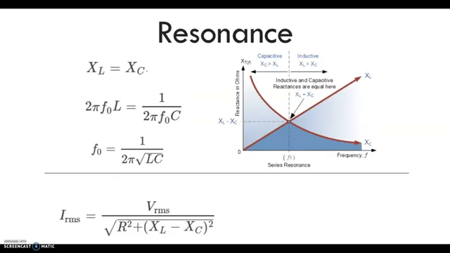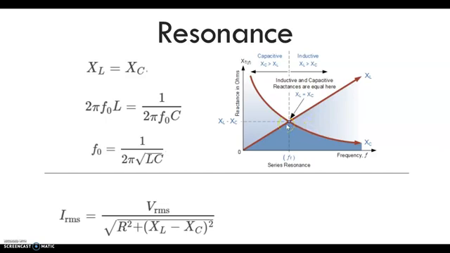And when it comes to resonance, we actually will be able to cancel out the effects of these two different reactances. As mentioned before, the reactances vary with frequency. When we have a high frequency, the inductive reactance is large. When we have a high frequency, the capacitive reactance is smaller.